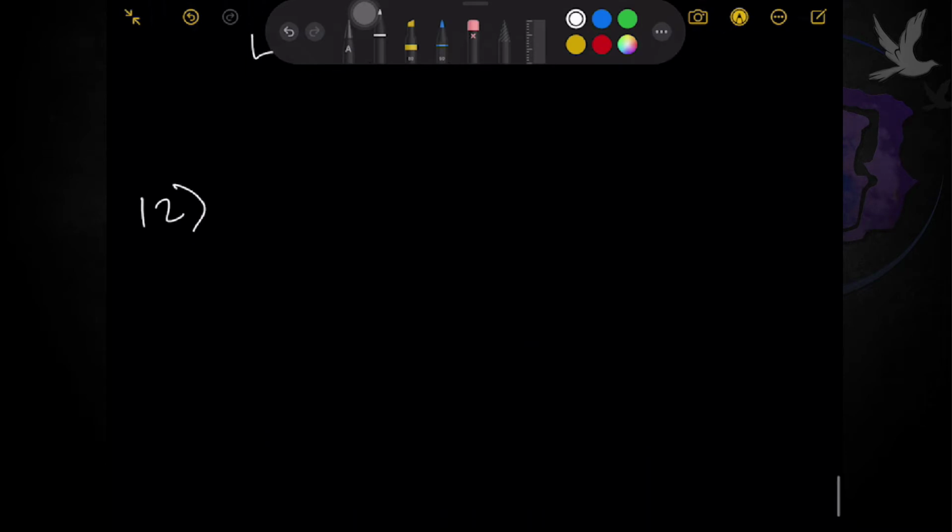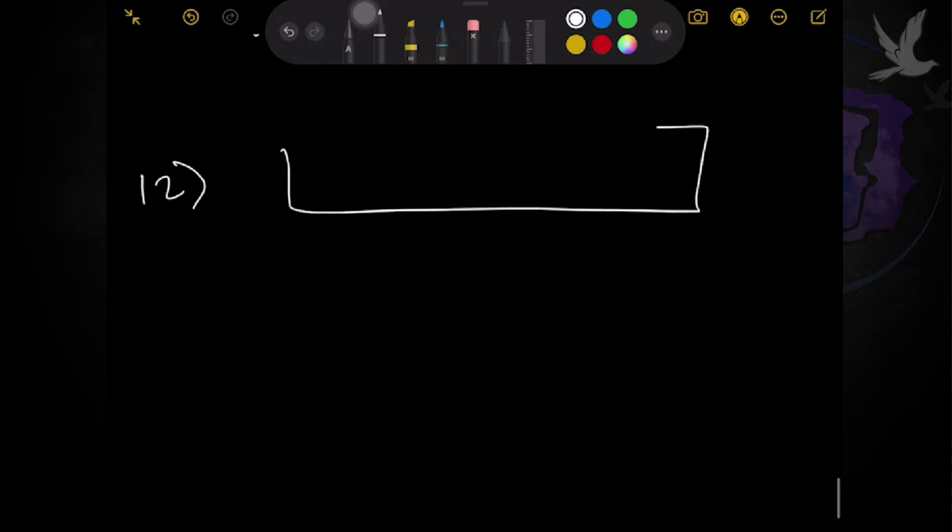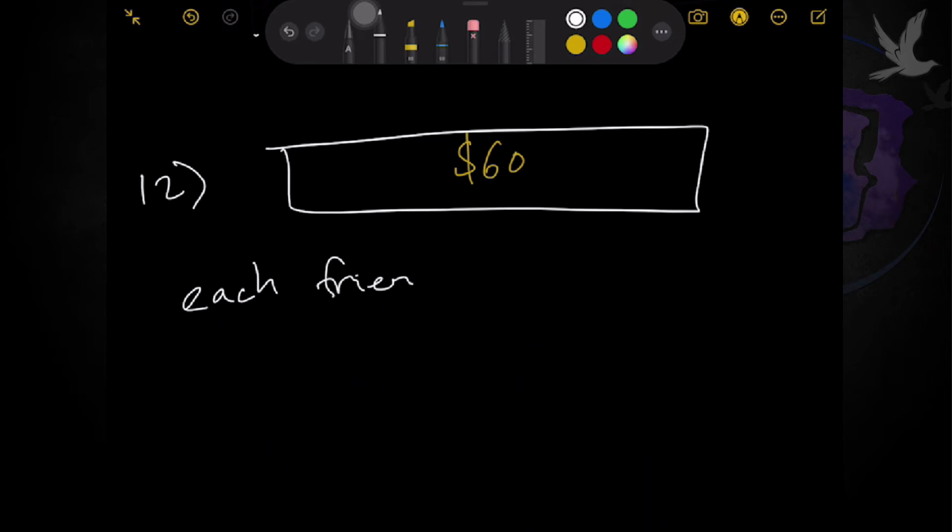Okay. So meron tayong $60 meal. This is equivalent to $60. So each friend pays $5.